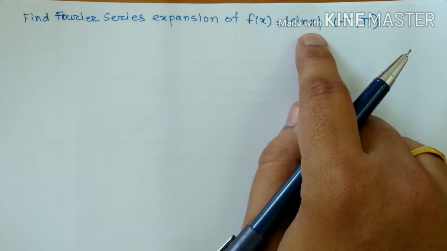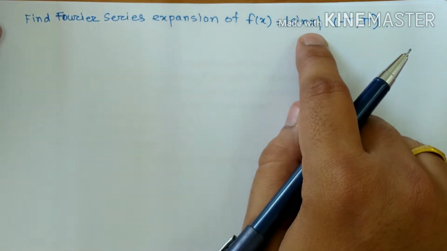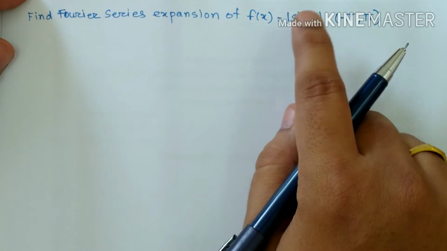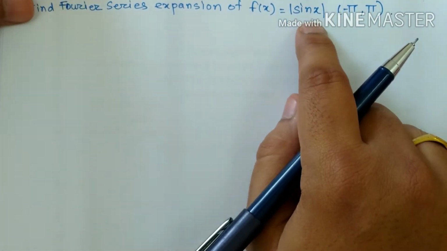But if your input x is negative, then the value of the modulus is positive. For example, if I calculate modulus of minus 1.5, the answer is plus 1.5. We get a positive of it. So remember this while calculating this particular Fourier series expansion.